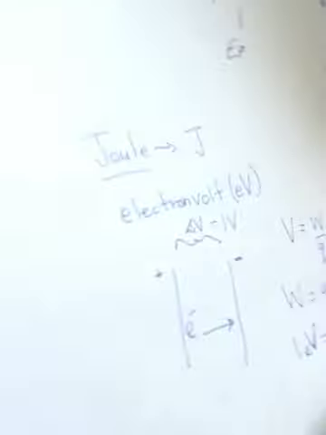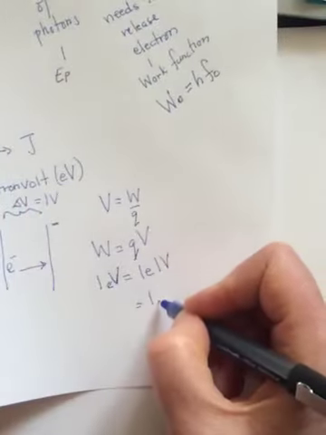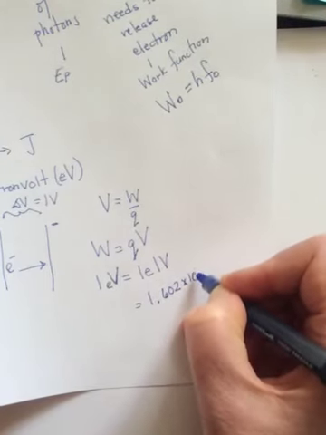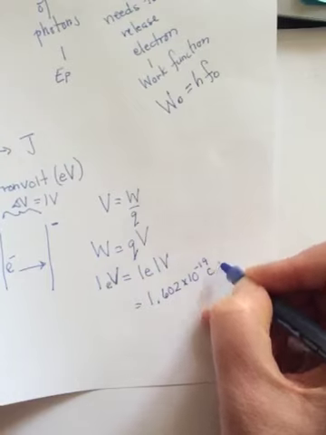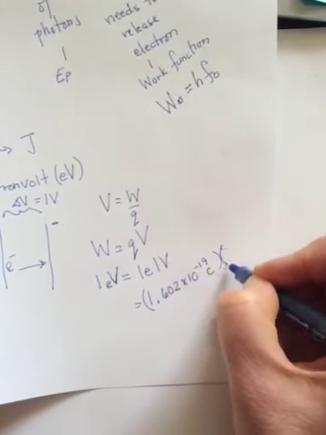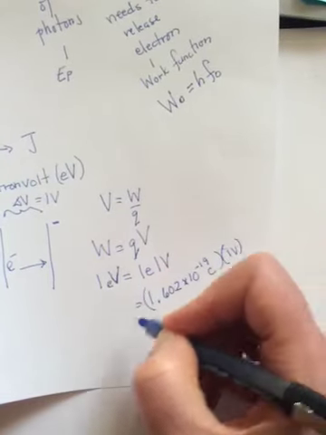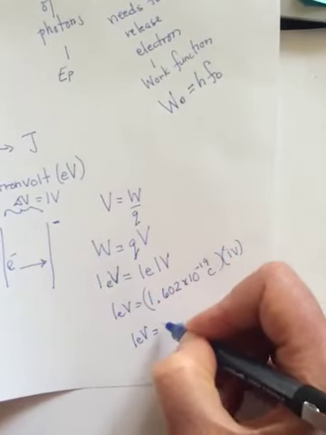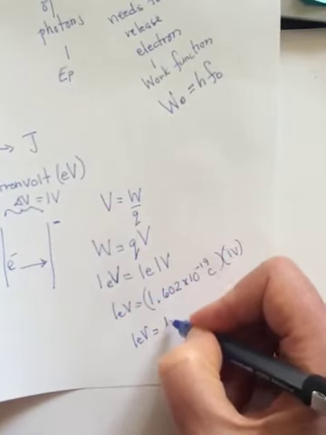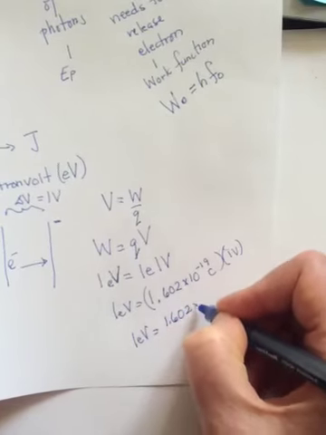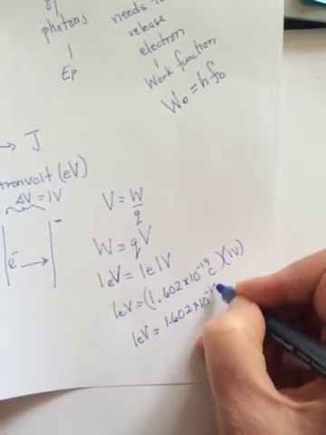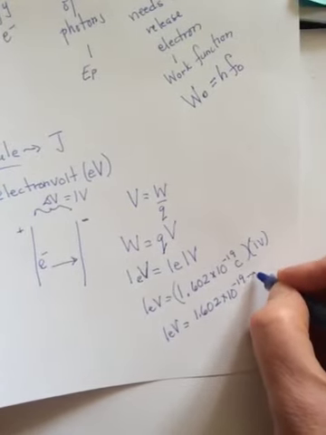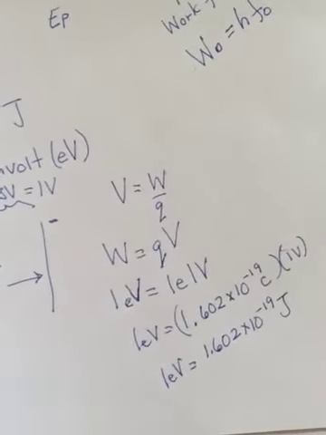Well, for 1 electron, we know its charge is 1.602 times 10 to the negative 19 coulombs, and the voltage is 1 volt. So 1 electron volt is equal to 1 times 1.602 times 10 to the negative 19, and a coulomb times a volt is a joule.